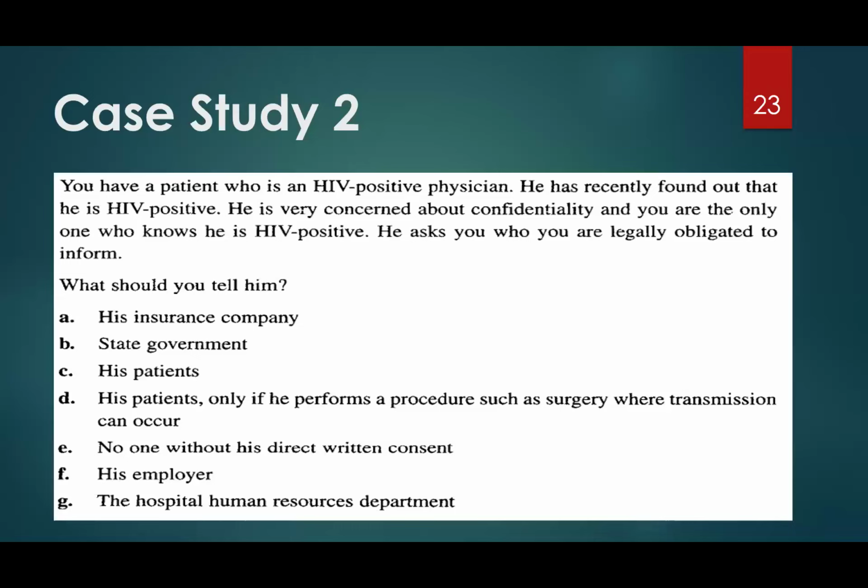His insurance company, state government, his patients only if he performs a procedure such as surgery where transmission can occur, no one without his direct written consent, his employer, the hospital human resources department. What should you tell him? Which choice?